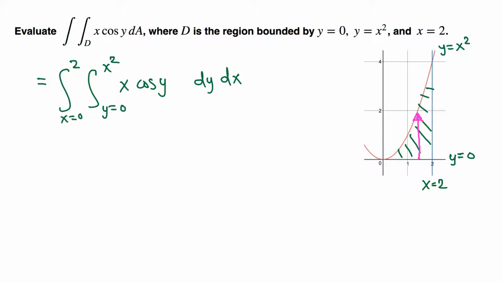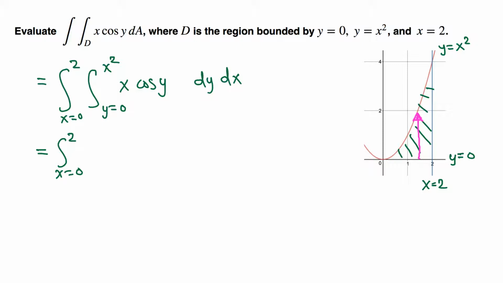Now we integrate this function with respect to y and evaluate here, then do with respect to x. So this is same as x from 0 to 2. Inside we got a product and we are integrating with respect to y.